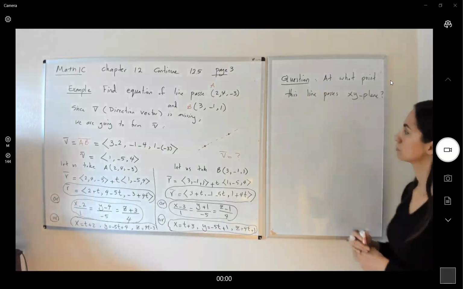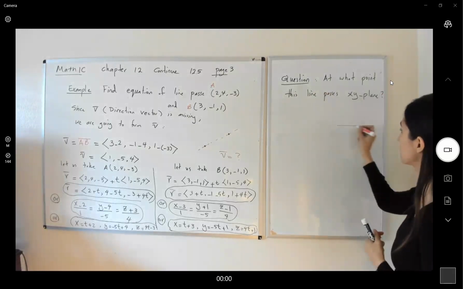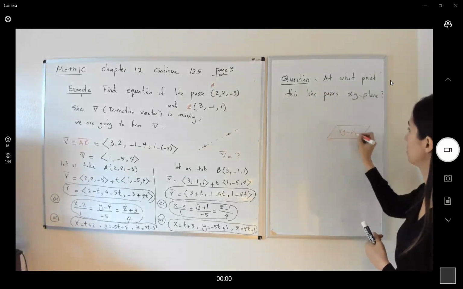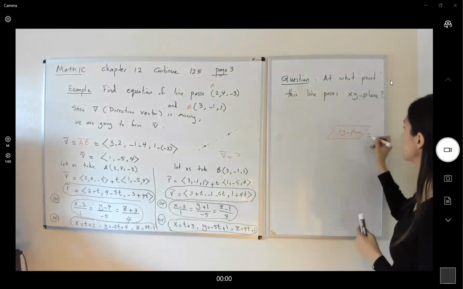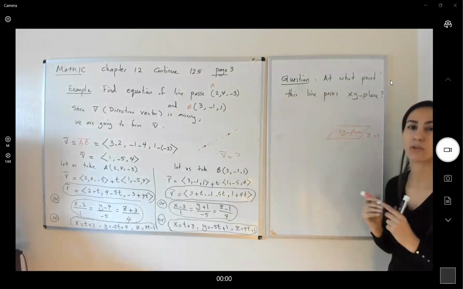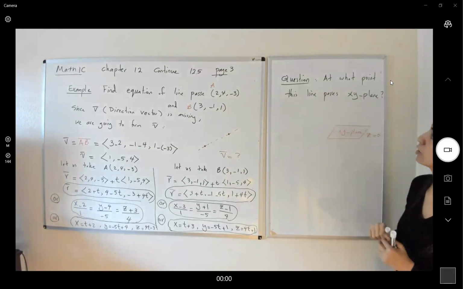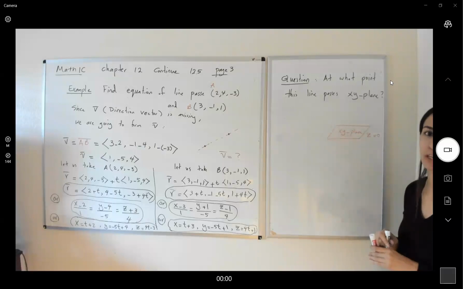Okay. So you have your xy plane. Remember that in the xy plane, this is equivalent to saying that z is equal to 0. We don't have any z. So at what point does this line pass the xy plane?